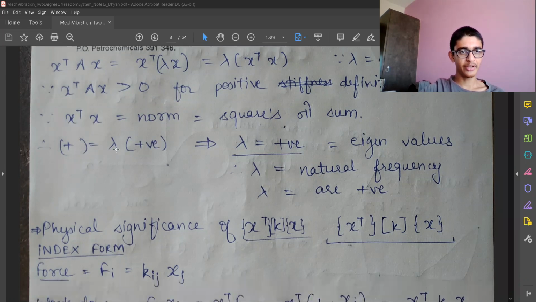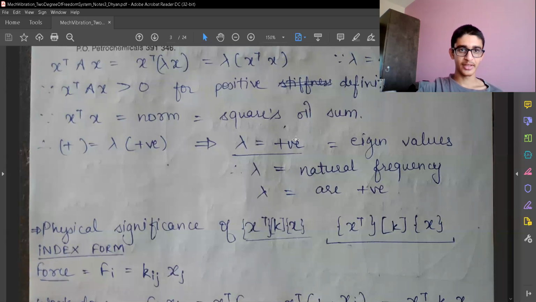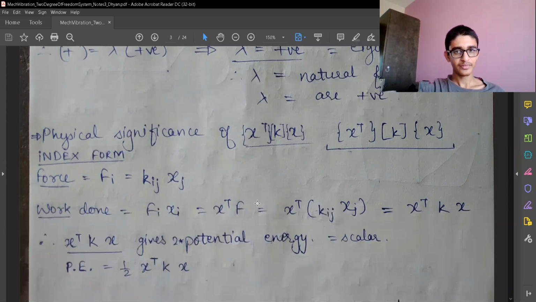So that is positive, because it's the sum of squares. So lambda is also going to be positive, and we know lambda are eigenvalues. Therefore, the natural frequencies are positive for a positive definite matrix.